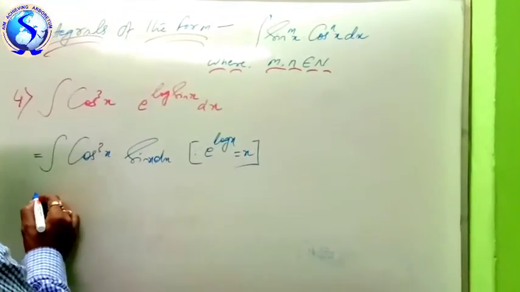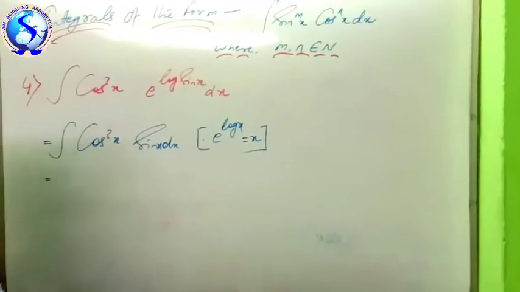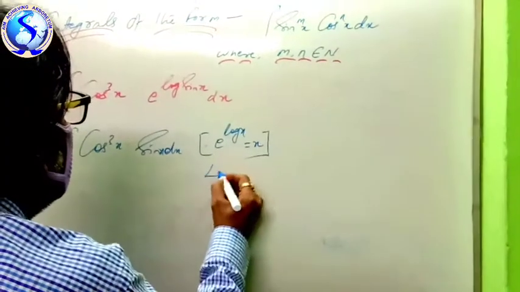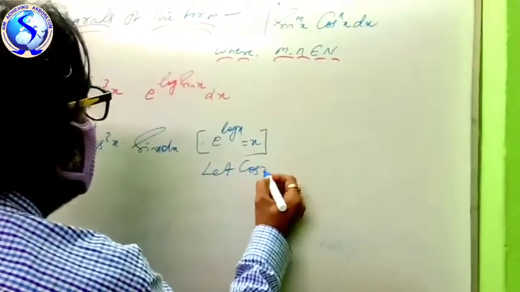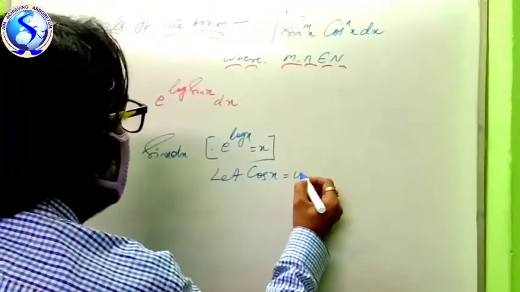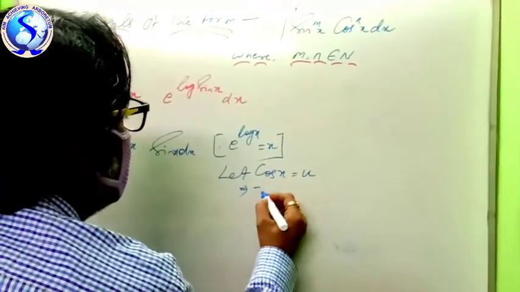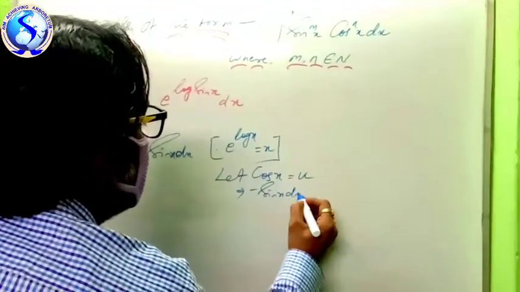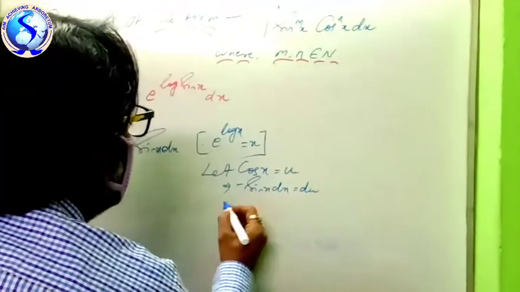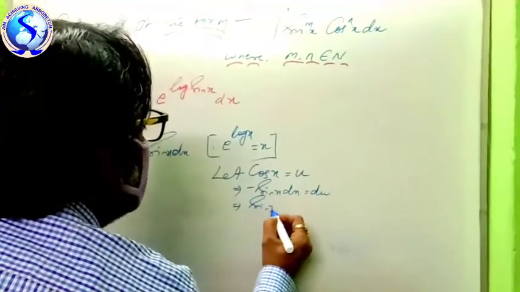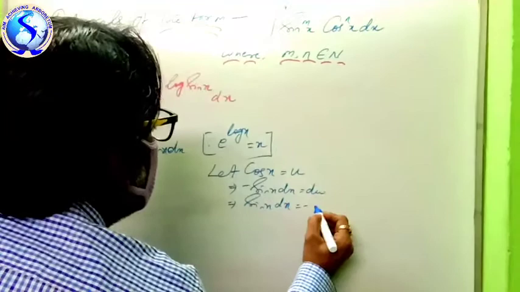Now, which one will I take as the substitution? Let cos x be equal to u. What is the derivative of cos x? That is minus sin x dx equal to du. Now tell me, sin x dx will be how much? Minus du.